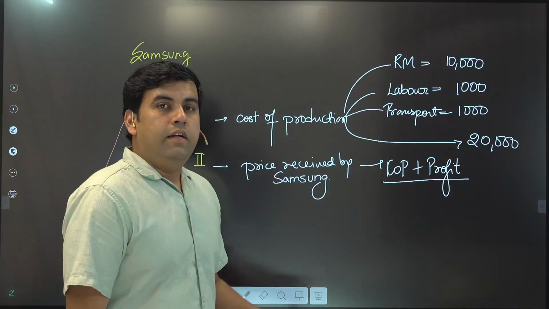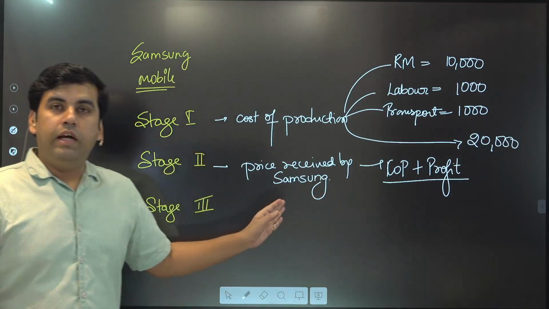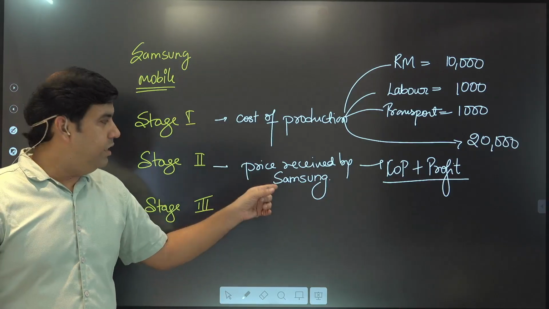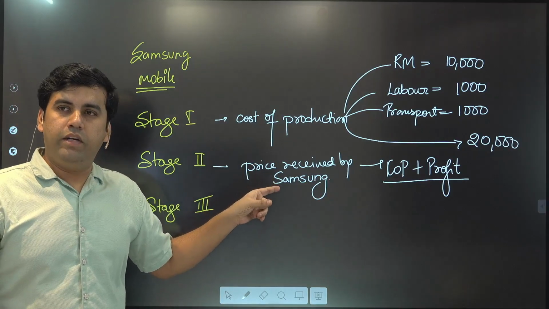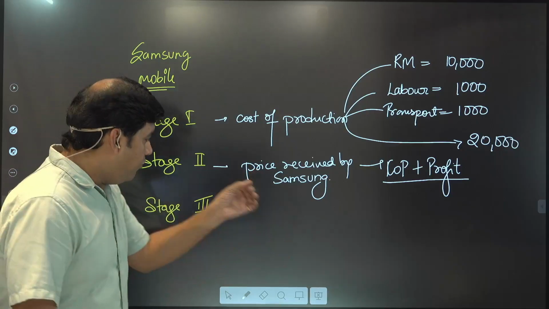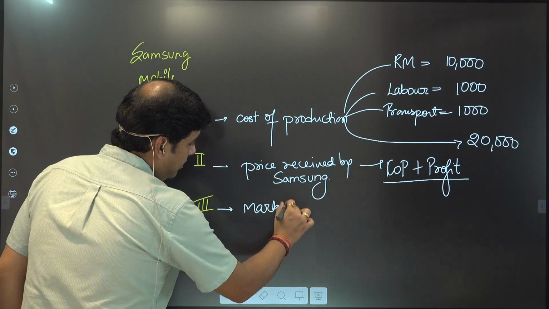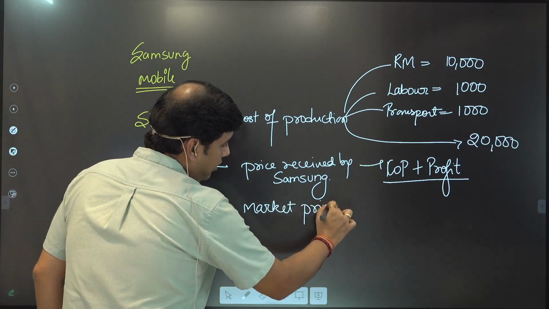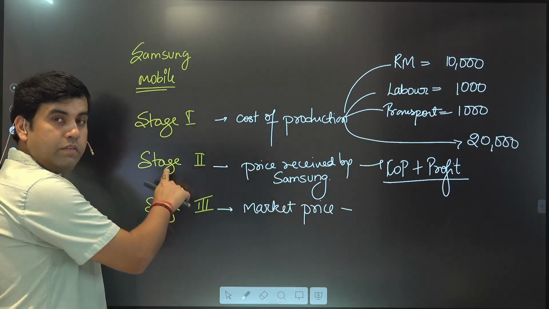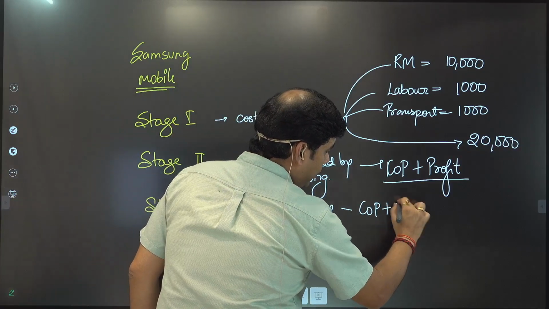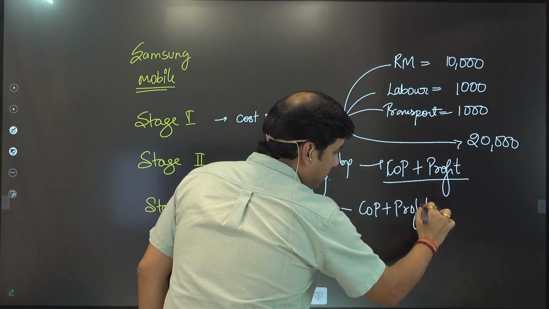Do you think there are taxes included at this stage? No. So the final price is the market price, where you have these two, cost of production plus profit plus taxes.